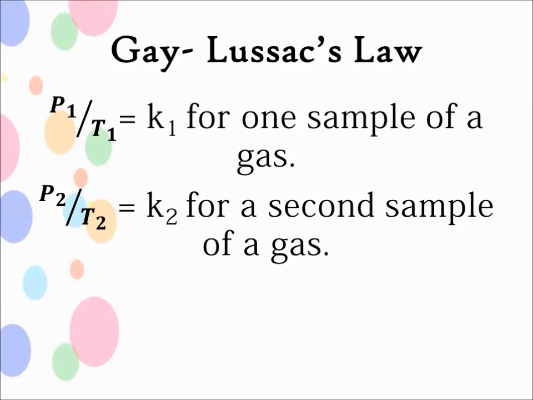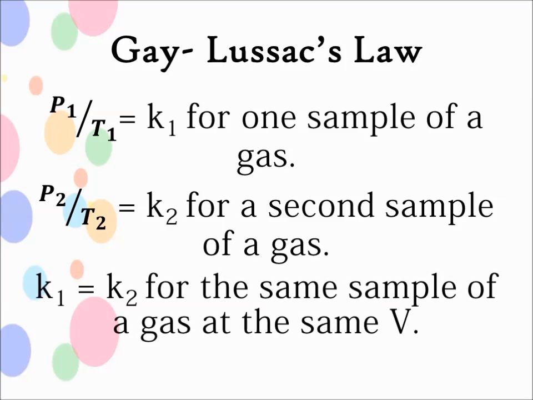And K2, or constant 2, is equivalent to pressure 2 divided by temperature 2 for a second sample of gas. Now, since K is constant, meaning it does not change, we can say that K1 is also equivalent to K2. So they're equal to each other.